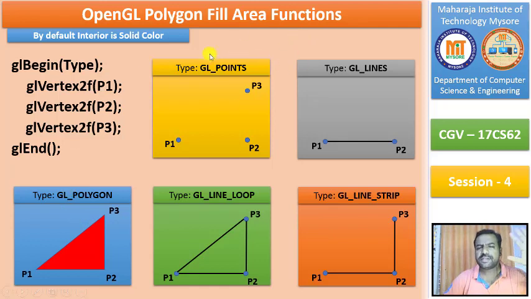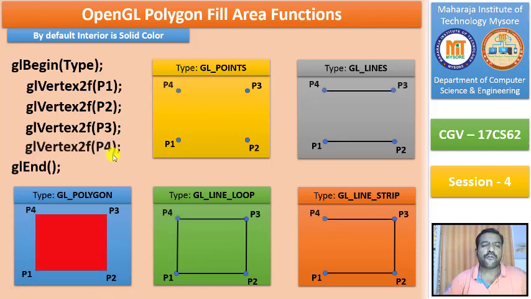Is it fine? Hence you have a clear, good enough understanding of the difference between GL points, line segments and GL polygon. The only difference is the type that you pass. That is the one thing that makes the difference.